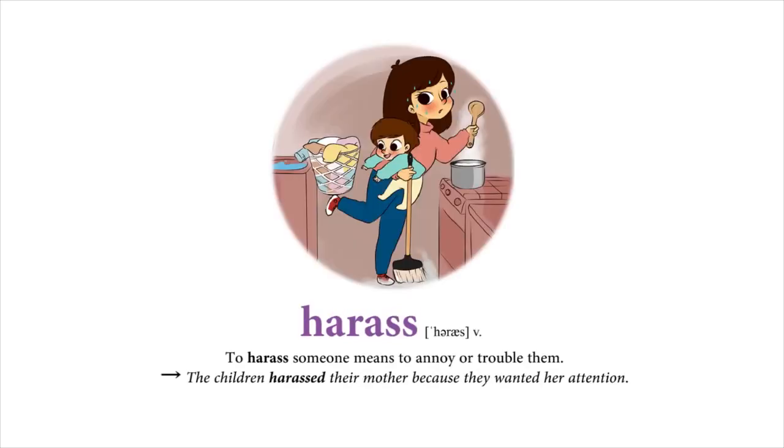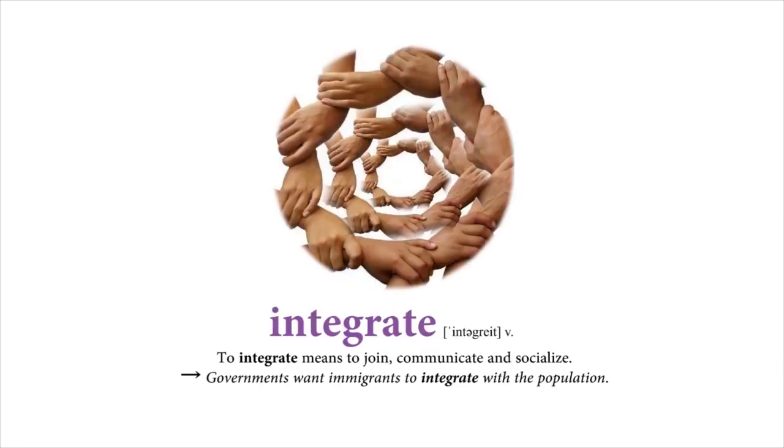Harass. To harass someone means to annoy or trouble them. The children harassed their mother because they wanted her attention. Integrate. To integrate means to join, communicate, and socialize. Governments want immigrants to integrate with the population.